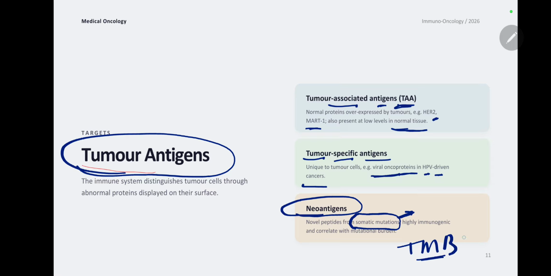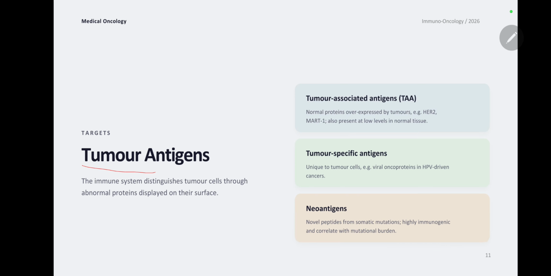When this tumor mutation burden is more than 10 mutations per megabase pair, that is called high tumor mutation burden, and this is also a condition in which immune therapy works more. So that is known as a somatic antigen. So there are 3 types of tumor antigen that will be presented.